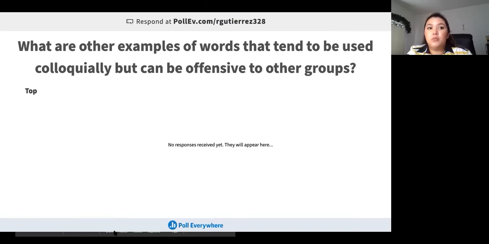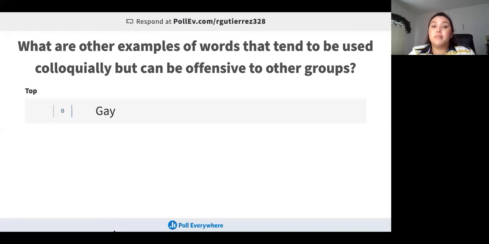And another question: what are other examples of words that tend to be used colloquially but can be offensive to other groups? Gay. Oriental. Ghetto.